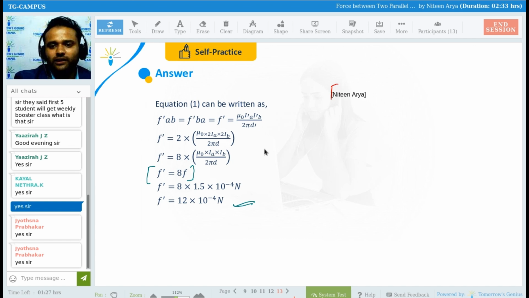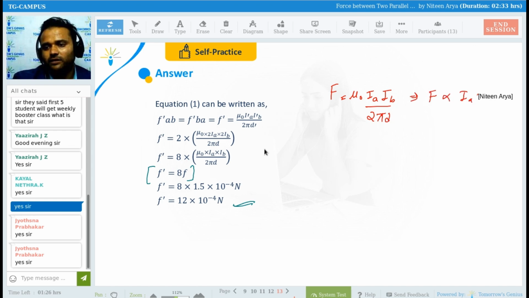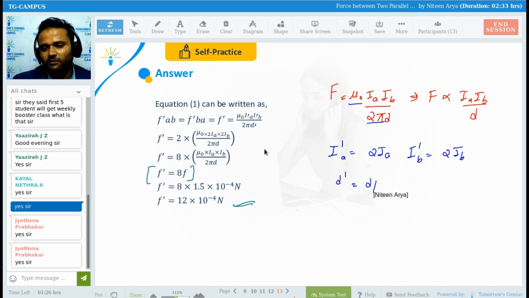Why so? You just need to write it this way: F, the force per unit length, equals mu naught I1 I2, or you can say I_A I_B, upon 2 pi d. So F is directly proportional to I_A I_B divided by d. I prime A becomes 2I_A, I prime B becomes 2I_B, and d prime becomes d by 2.